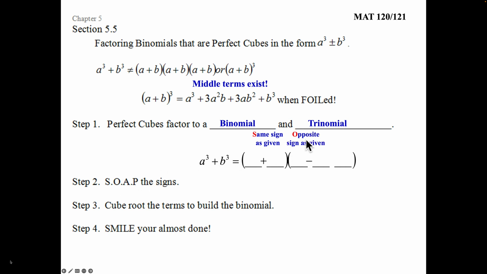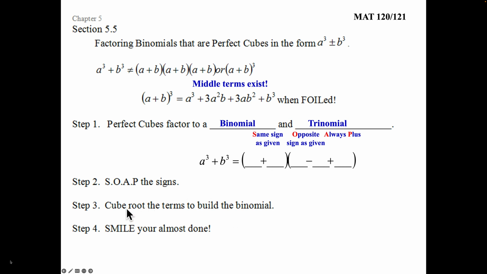O stands for the opposite sign: the first sign in the trinomial has to be opposite of this binomial. AP stands for always plus at the end. It's always a plus sign here. These two signs are always opposite. Like I said, once you see your a cubed plus b cubed, you can build your binomial and trinomial and put your SOAP in at the same time.